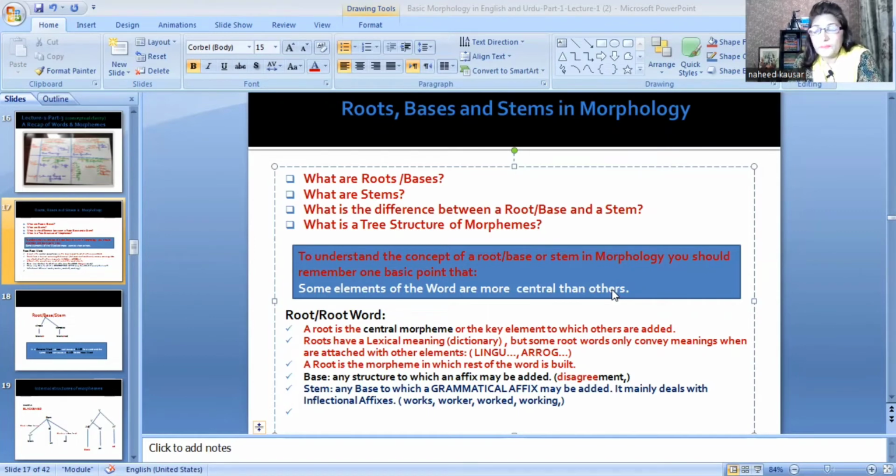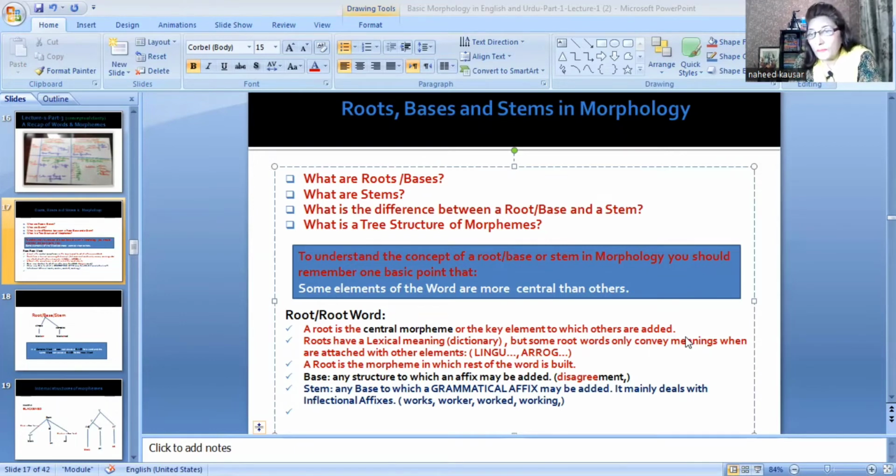If it is a simple word, of course, there will be just one keyword, which is generally considered to be the root word. A root word is usually the central morpheme or the key element to which others are added. Not necessarily added.